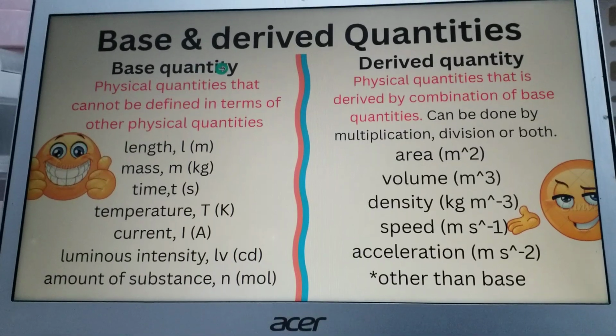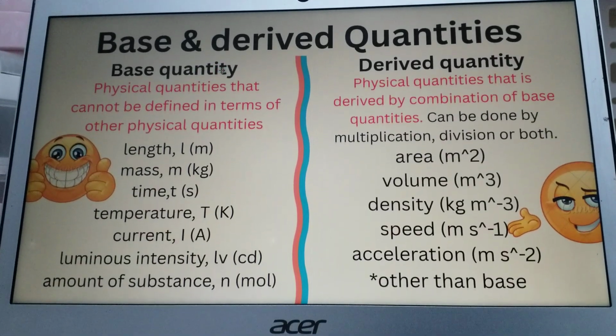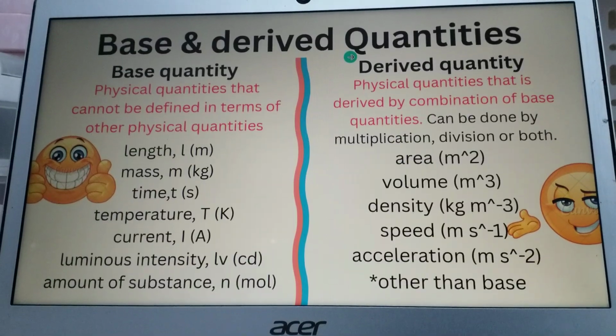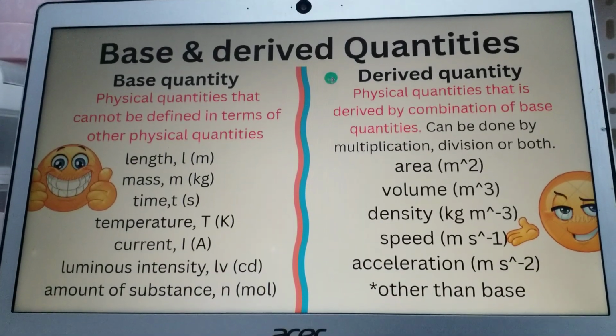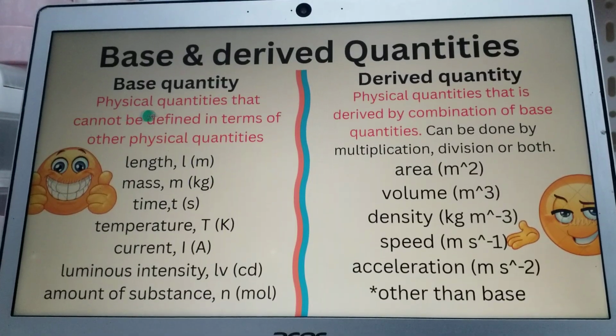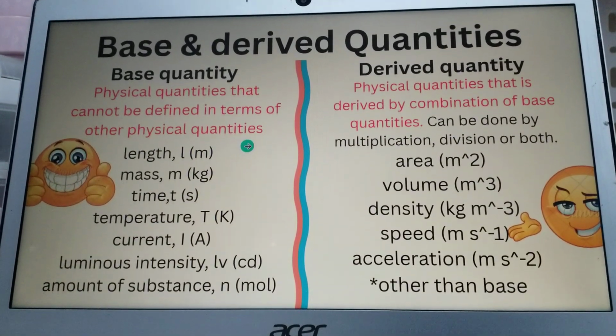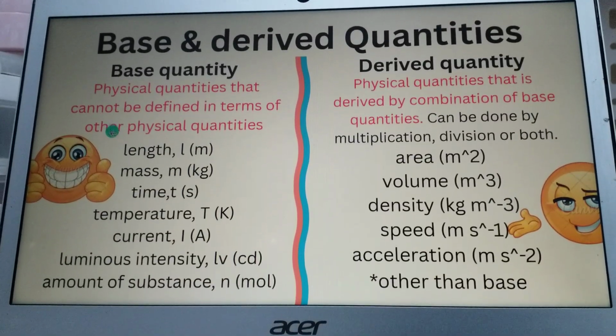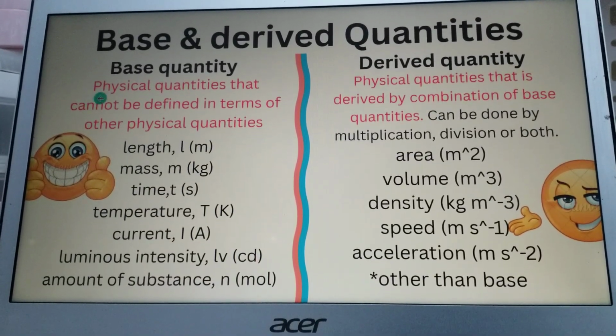So there are a few types of physical quantities, and in terms of base and derived, this is quite important. Base quantities are physical quantities that cannot be defined in terms of other physical quantities. This is the definition for base quantities, so we need to memorize this for exams. Let me repeat.